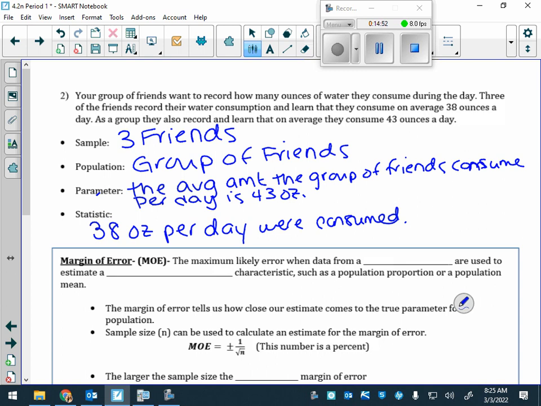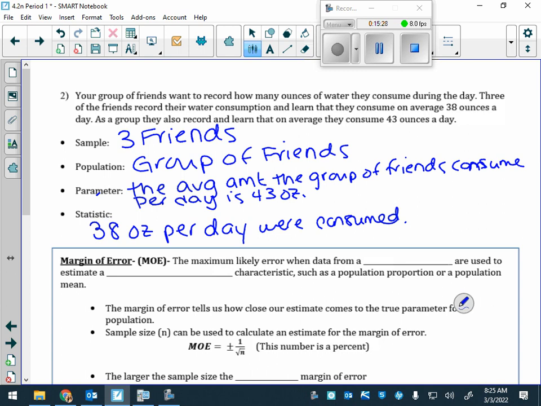You could. You could. See, again, the wording here you said group, so you could say 38 ounces per day were consumed by the 3 friends or by the random sample. That could be added. Everything is very broad. It's not so much nitpicking about what's there, because even looking at different teachers or different books, if you put it side by side, I might elaborate a little bit more and someone else might just put 43 and 38.